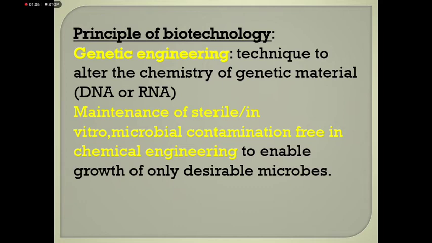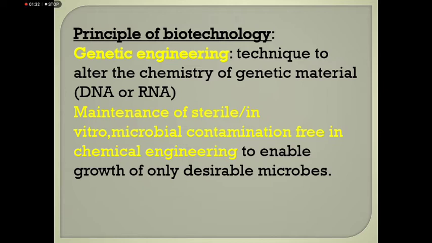Genetic engineering: in genetic engineering, we use techniques to alter the chemistry of genetic material, that means DNA or RNA. The normal composition of DNA and RNA is altered so that we can produce the desirable characters. Second one is maintenance of sterile or in vitro, microbial contamination free condition.